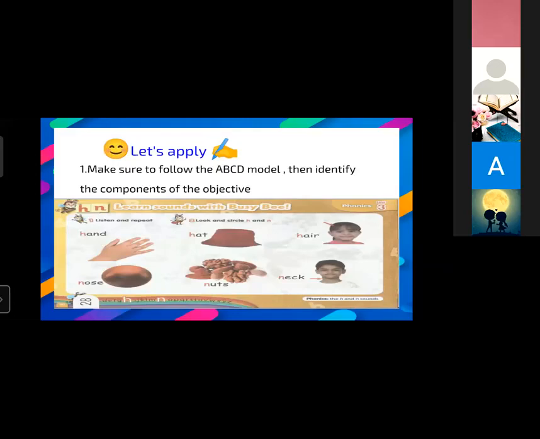So is it easy now to apply the ABCD model? Yes. Okay, great. So why is it different from our previous preparation? Is it different or is it the same? Different, I think. Because it's more specific, applicable, and more measurable.